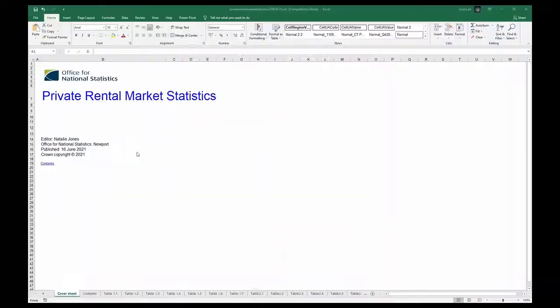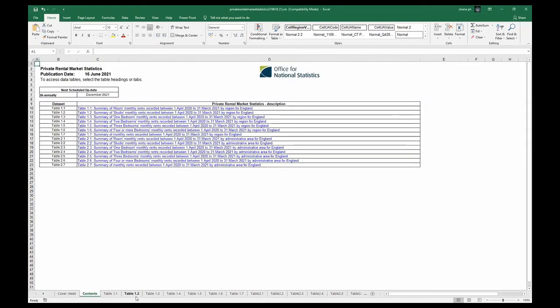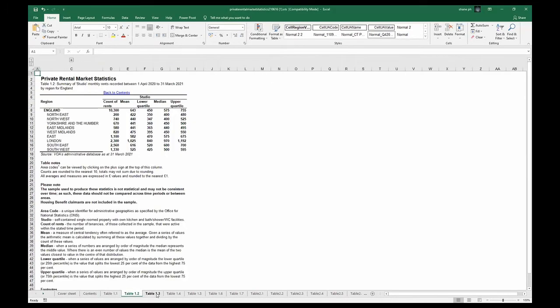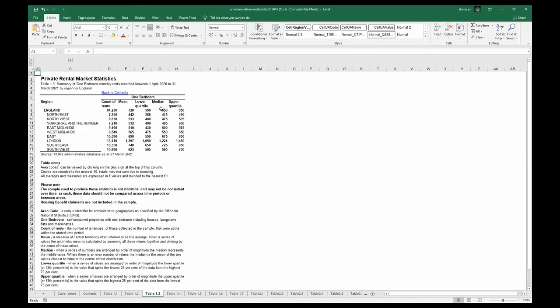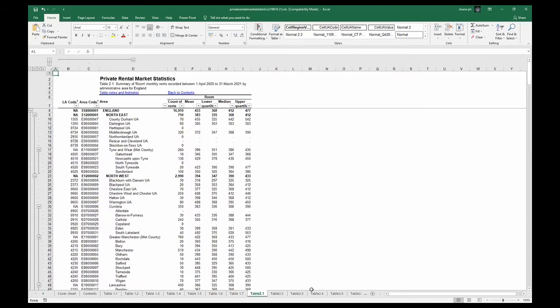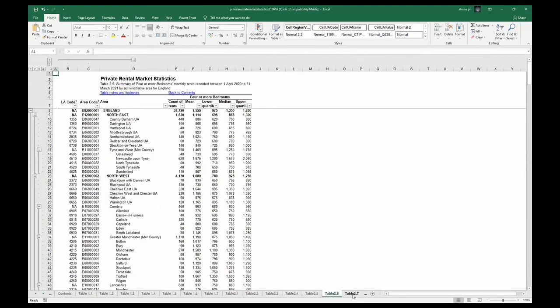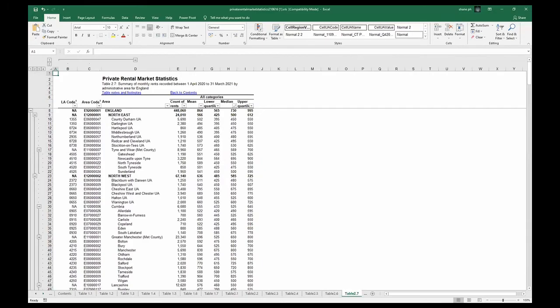I'm also looking at the ONS, and this was published 16th of June. And it's got lots and lots of stuff to go through. I mean, table after table of what's happening, the mean and median rental figures, regional, how different things compare. There's so much data to go through.